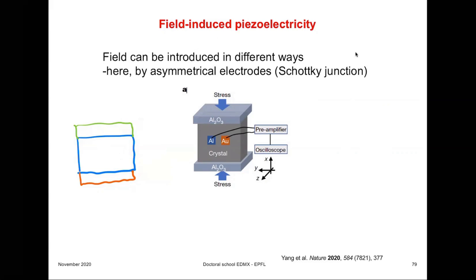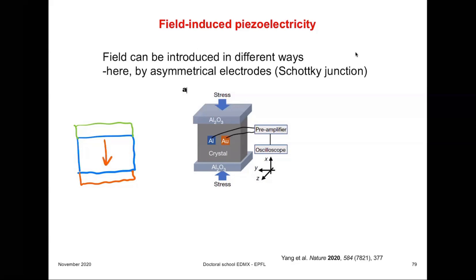You will deplete the material a little bit of, for example, electrons. You may have some concentration of defects at that junction, and in general you will have that this electrode, this side of the sample and this side of the sample, have different charges concentrated on them because these two metals are different, and that will produce a field in the sample.